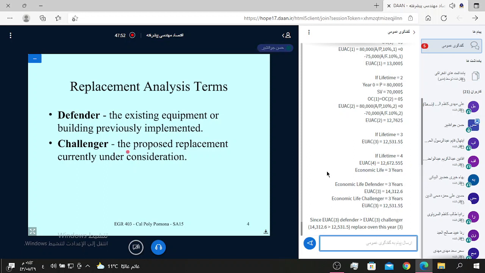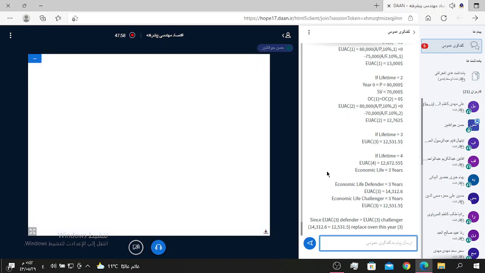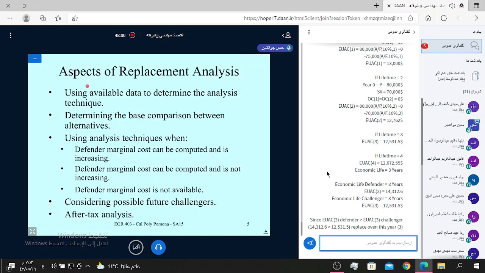The Challenger is the proposed replacement currently under consideration. Aspects of replacement analysis: using available data, determine the analysis technique and the base for comparison between alternatives.